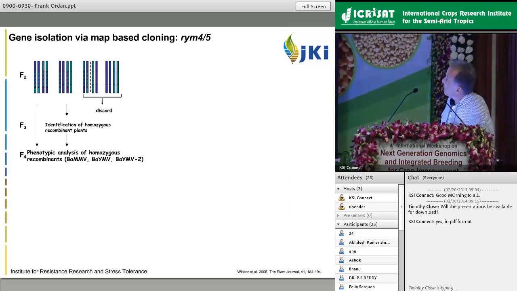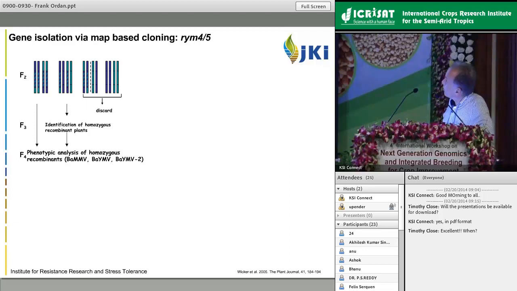And for this, we analyzed large F2 populations comprising around 5,000 F2s, which is equivalent to a resolution of 0.01 centimorgan with flanking markers, in order to identify homozygous recombinant plants and heterozygous recombinant plants, because only these are informative with respect to mapping new markers.